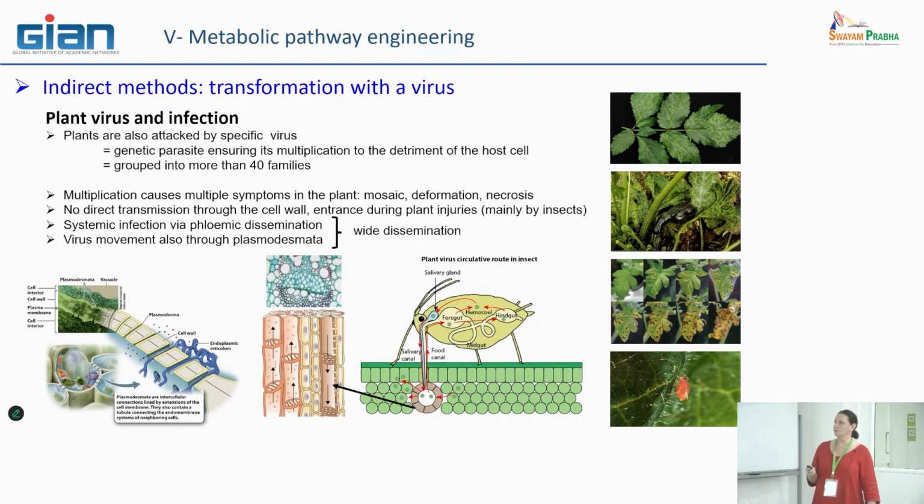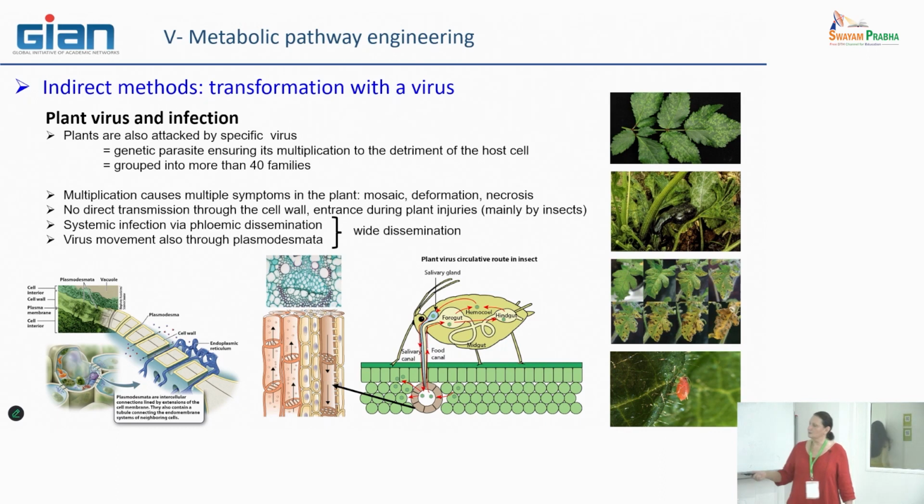Because when the virus has penetrated through the canal of the insect, it's easy for it to diffuse all over the plant because it is directly injected in the phloem. The phloem circulates everywhere over the plant.